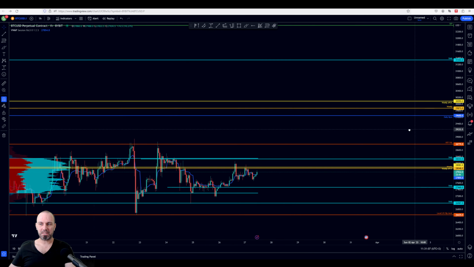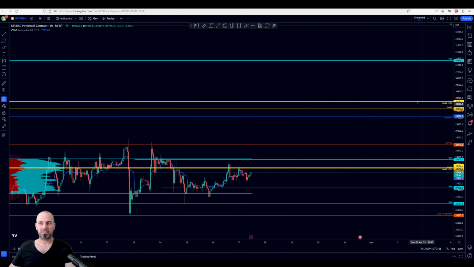So with this information, we need to take this area into consideration. We do have a couple of levels, an untapped weekly level, naked weekly and daily point of control, right? And also psychological level, 30K psychological area.